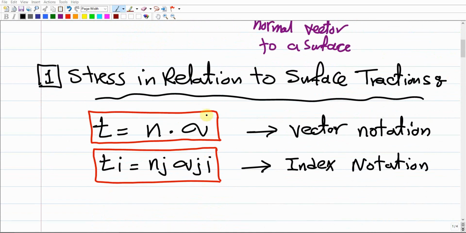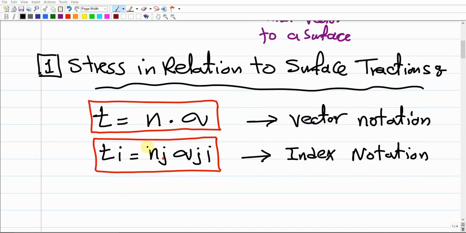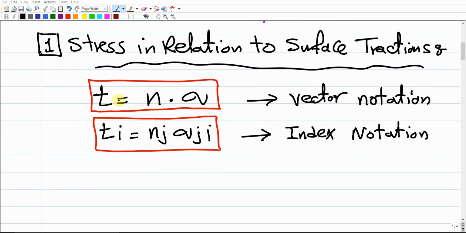So you could consider that sigma is something internal, related to the overall continuum, while T is something external, coming from external objects acting on the continuum itself. The relation between the surface tractions and the stress in the vector notation is T equals sigma dot n, where T is the surface traction vector.